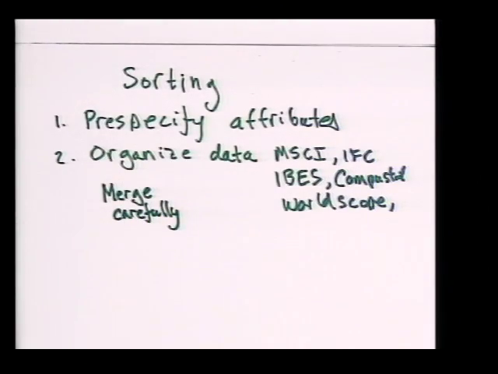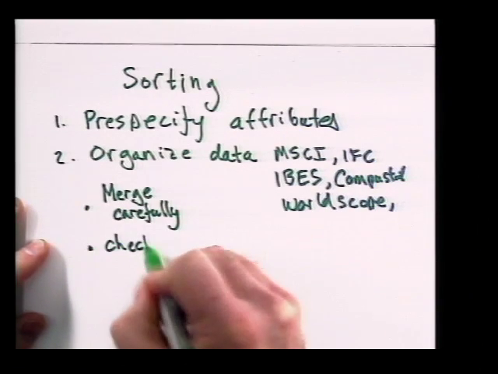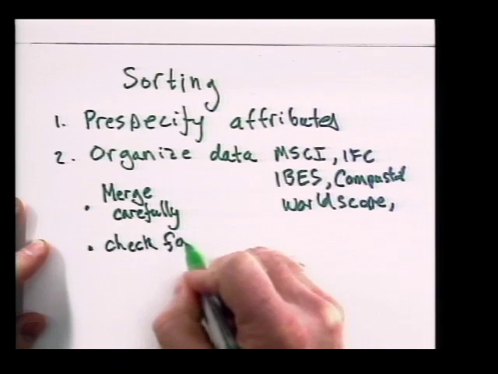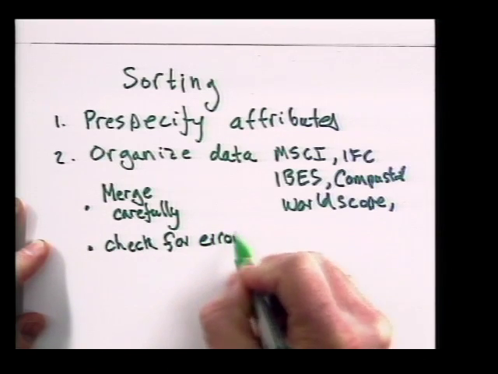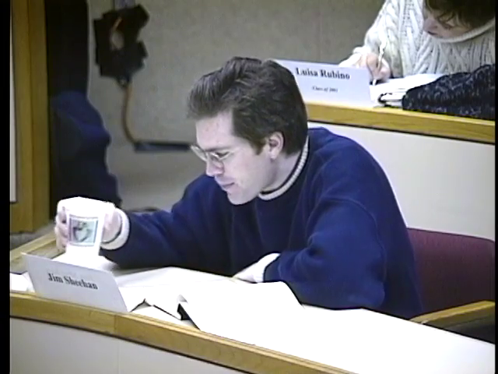And organized data also means to check for data errors. And just running simple filters on the data, you're going to see some crazy numbers. And you need to basically resolve those problems.